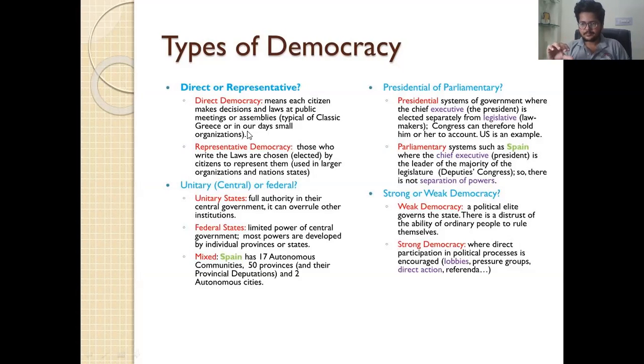Like from Gorakhpur, Ravi Kishan is the member of parliament. So we have chosen Ravi Kishan as our MP. Ravi Kishan represents our views and ideas in the parliament, and he takes part in law making also.